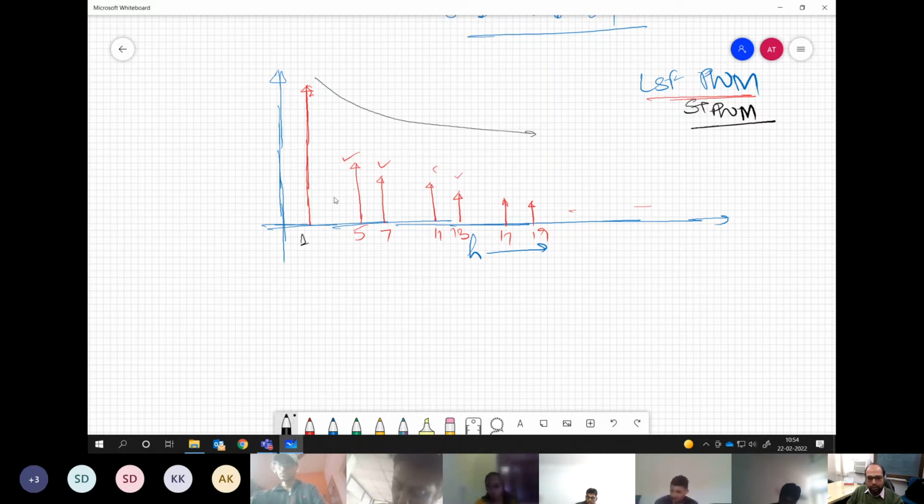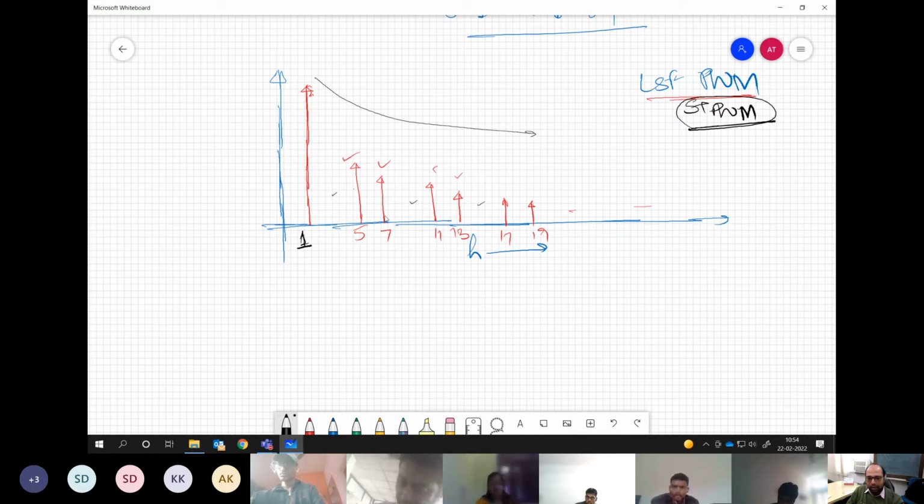Because we have half wave symmetry, even harmonics are missing. We have three phase symmetry, so triplet harmonics are missing. So the rest of the non-triplet odd harmonics are visible in the spectrum. Whereas with sine triangle PWM, we will see a very discrete spectrum.